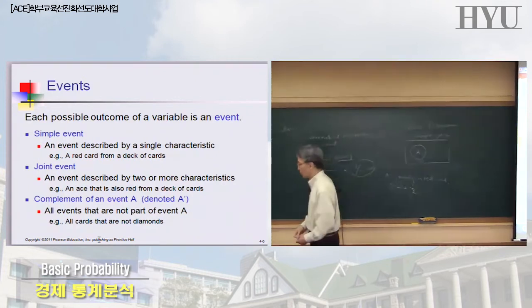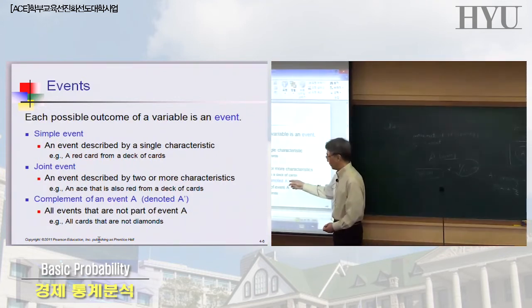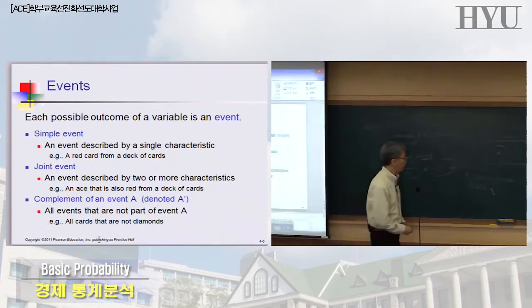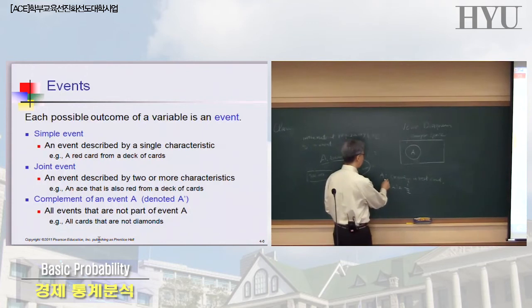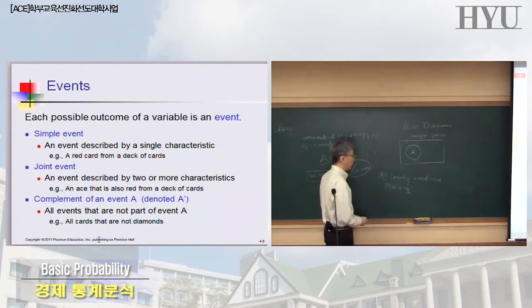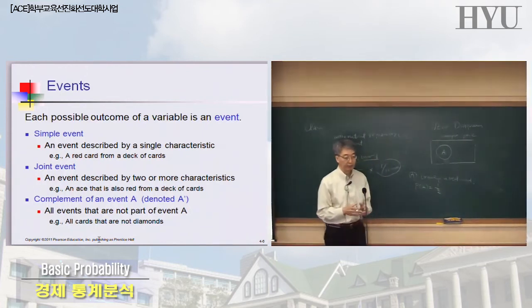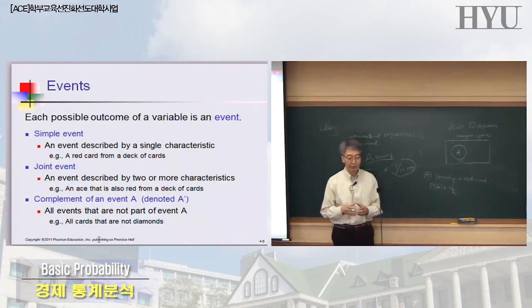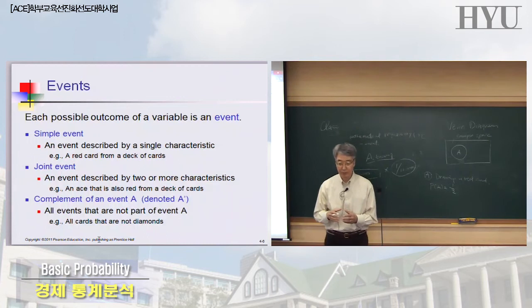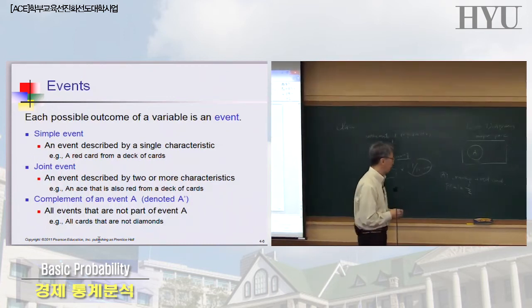Complement. That is what's called the complement of an event. We denote it with A prime. A prime is the opposite of A. It's the event that A will not happen. So here, what is A prime?